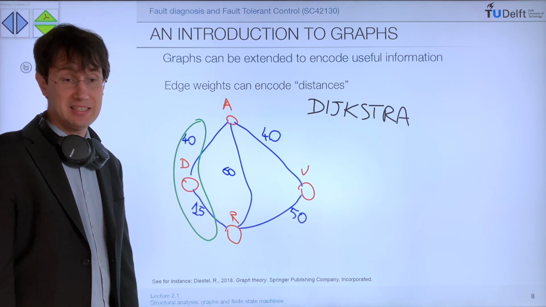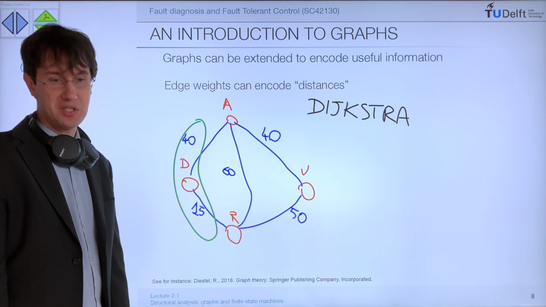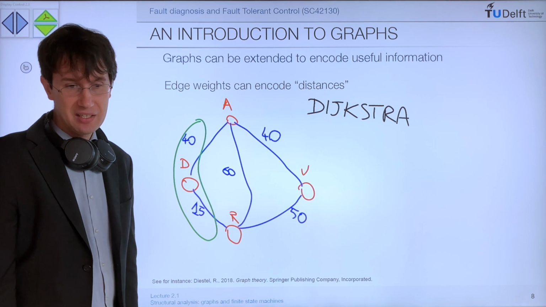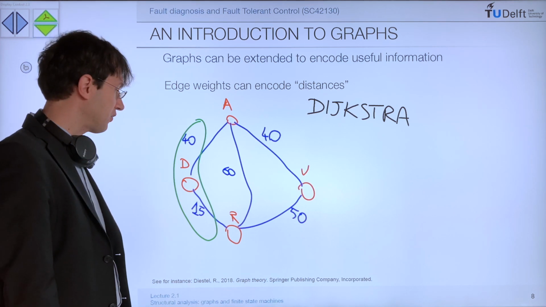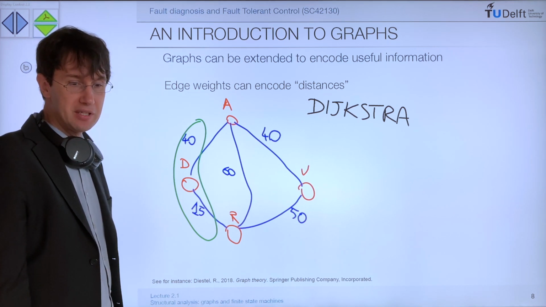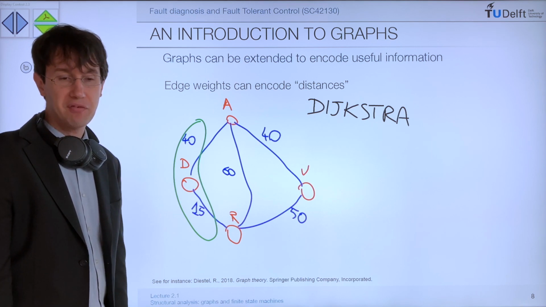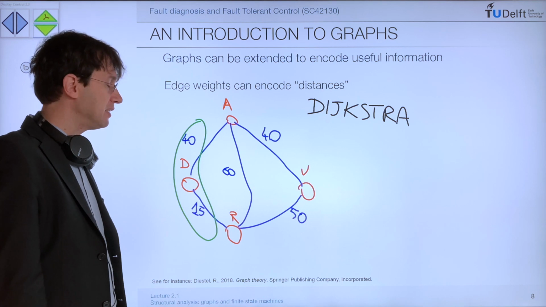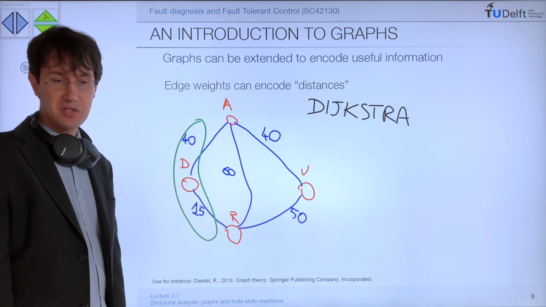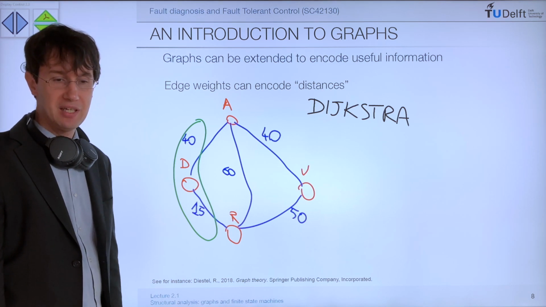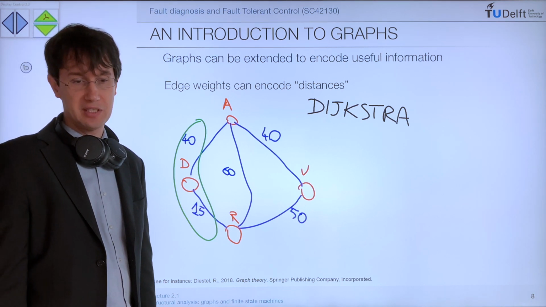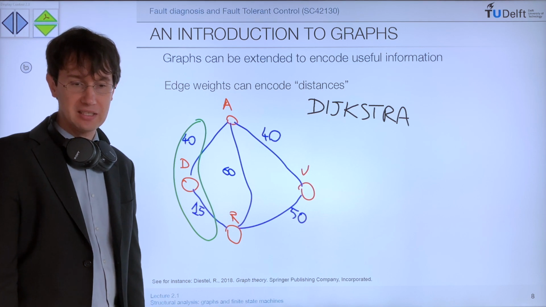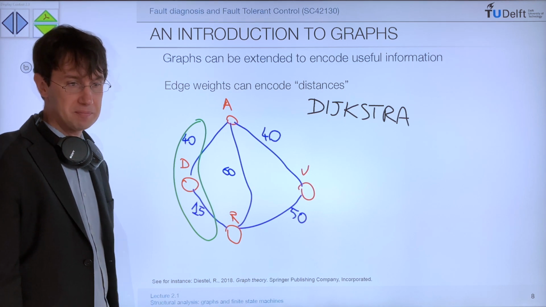Not the length of this stretch of road, but how much time it takes to go through that road. So for instance, a path can be shorter, but if you have more traffic there, it takes more time. And this means that these weights can also be dynamic and change over time. The length of the road is not changing over time, but traffic is. So the time you need to go through that is also a dynamic quantity.